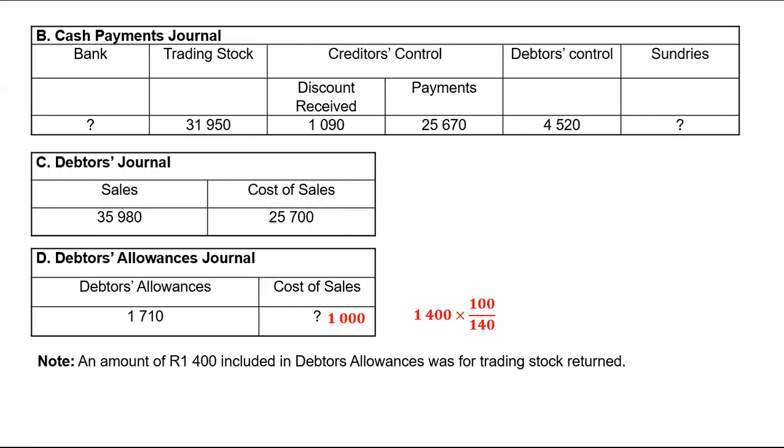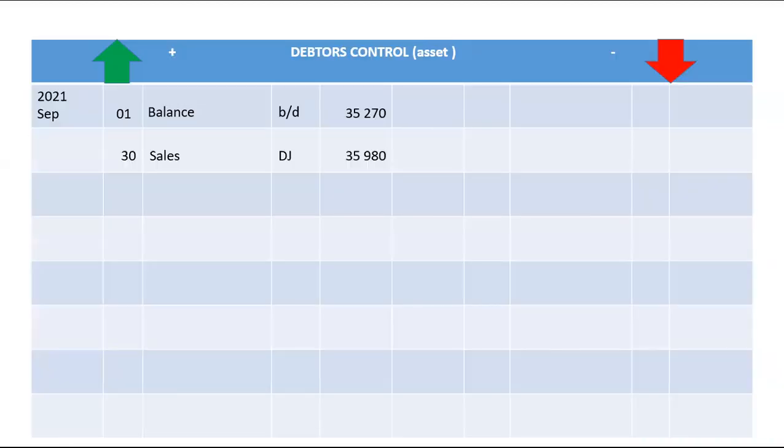Then we're going to go to our cash payment journal and increase our debtors control by that 4,520. So debtors control will increase on the debit side by bank, RD payment from CPJ, and the amount will be 4,520.